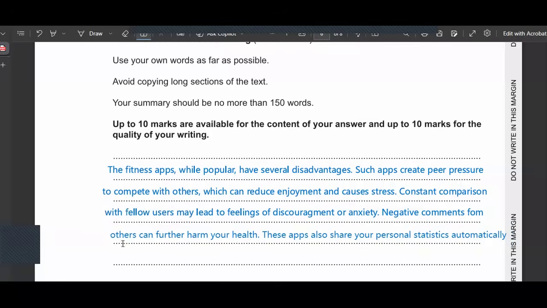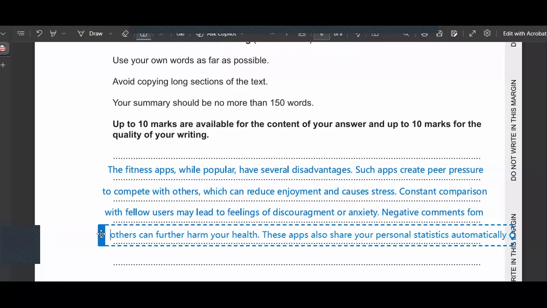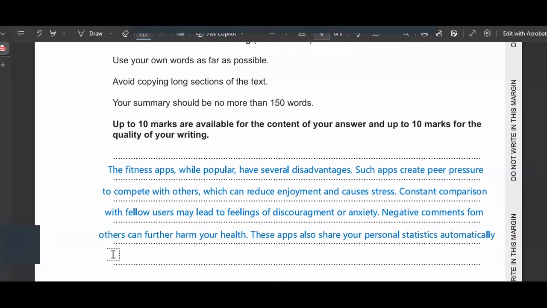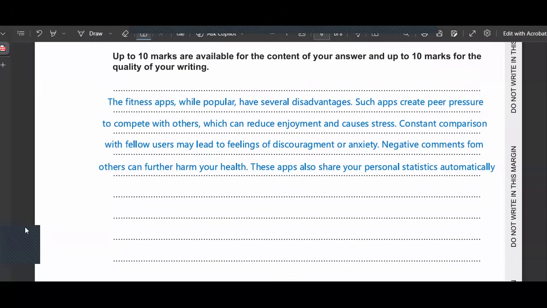Usually the data have already been uploaded on the apps very automatically, because once you are installing the app, you basically give the consent to the app to access the data. And once you have given the consent, your data is uploaded very automatically. Okay. So personal statistic automatically, and this is basically going to limit your privacy. So we can say limiting privacy.